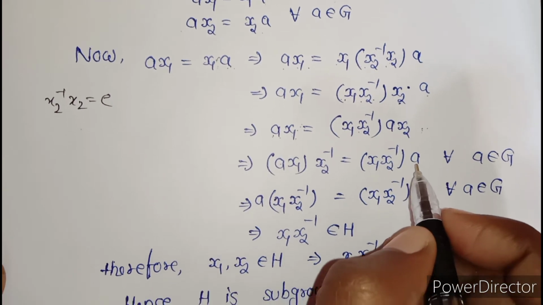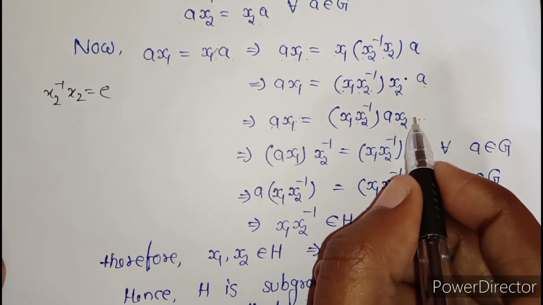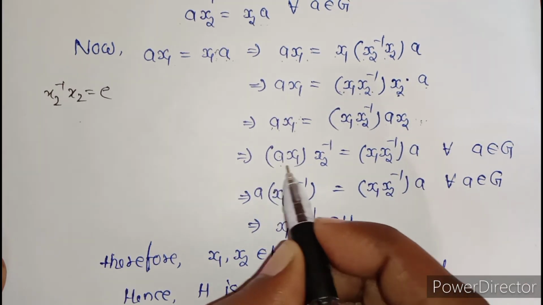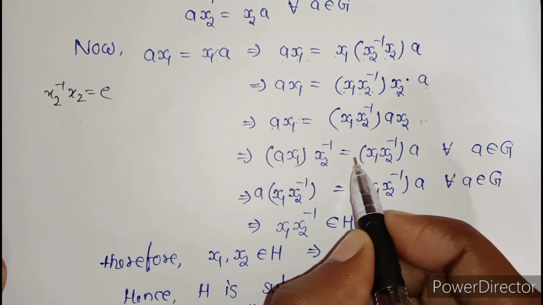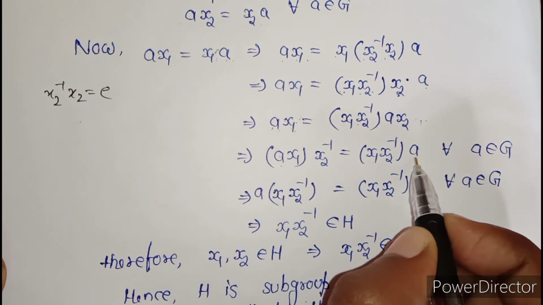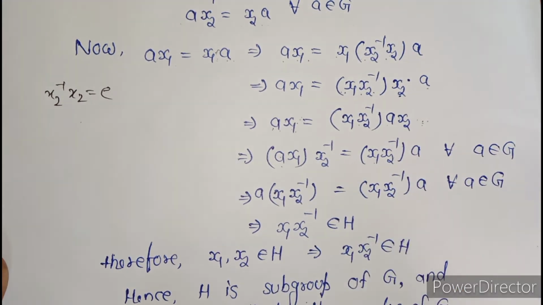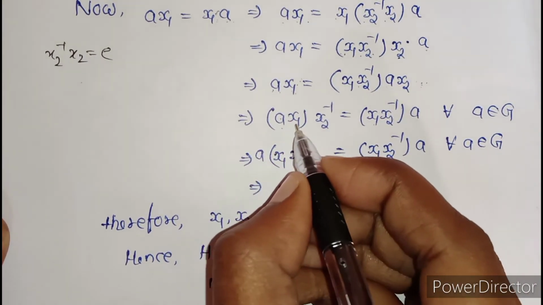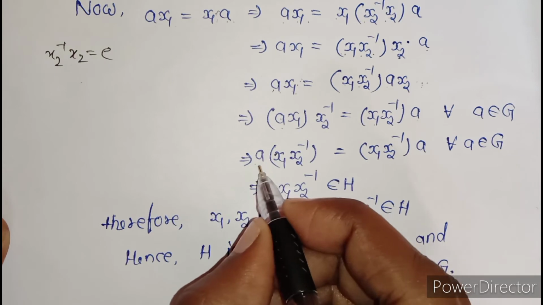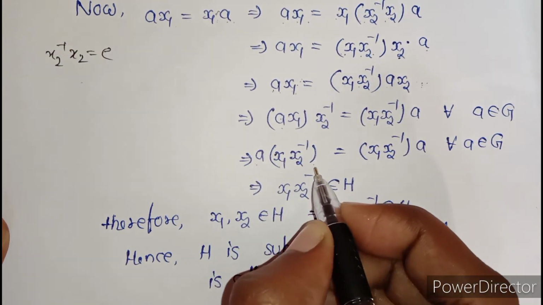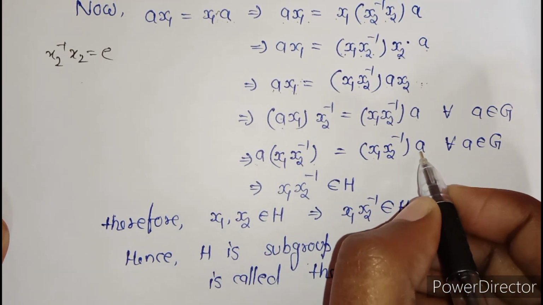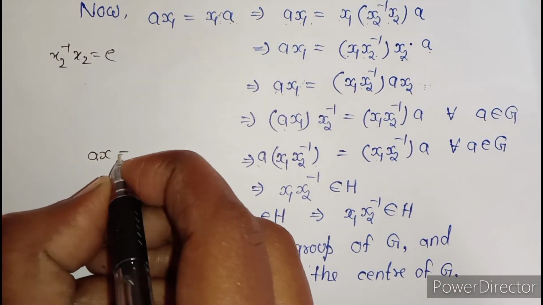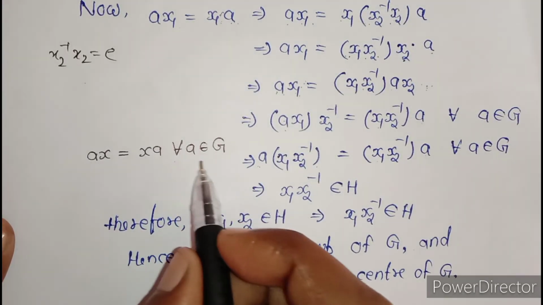When a is multiplied with identity, it gives only a, so I am writing directly that a·x1·x2 inverse = x1·x2 inverse·a, because x2·x2 inverse becomes identity, and this is true for all a belongs to G. Now if I use the associative law over here, then I get a(x1·x2 inverse) = (x1·x2 inverse)a. Now if we see the form in the definition, we have taken ax = xa, and this is true for all a belongs to G.